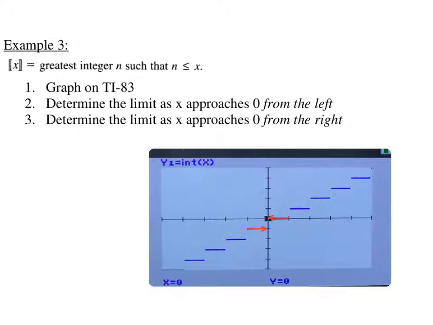So n has to be an integer, and it's less than or equal to x. When n equals x, that's when we have a point, like there, n equals 1.